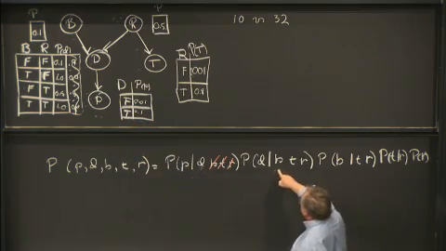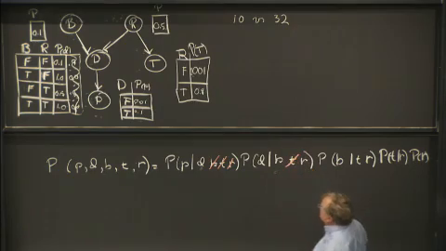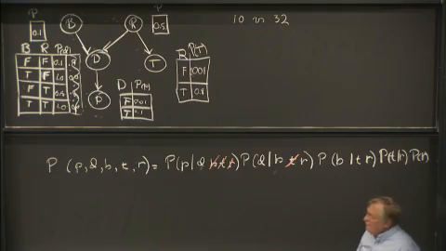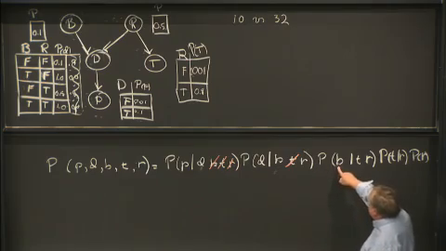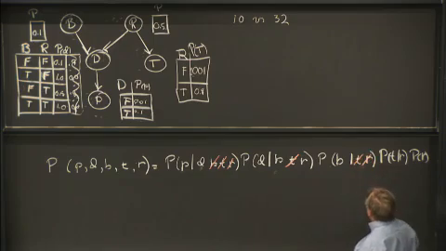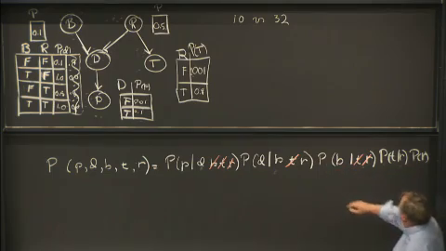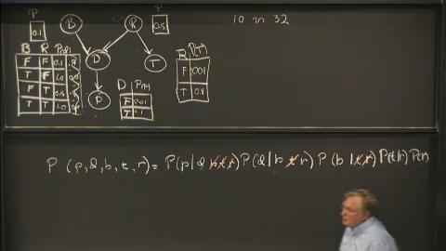Probability that the dog barks depends only on its parents, B and R, so it doesn't depend on T. So B, in turn, depends on, what does it depend on? It doesn't depend on anything, so we can scratch those. Probability of T given R, yeah, there's a probability there, but we can get that from the table. And finally, P of R.